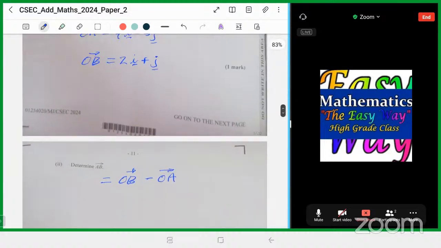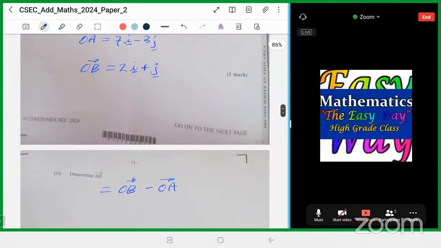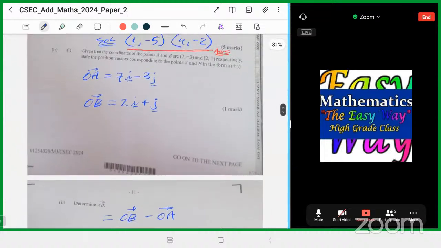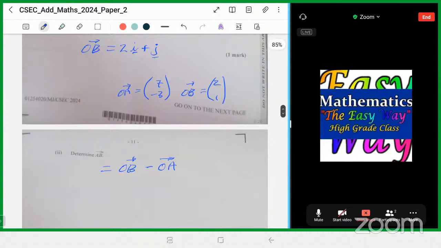Let's remind ourselves of what they are. I can write these as column vectors to use them here. OB is 2, 1, and OA as column vectors is 7, negative 3. If I just subtract the values, it is this one minus this one.